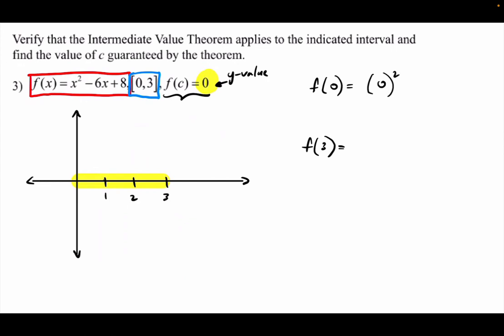0 squared minus 6 times 0 plus 8. 3 squared minus 6 times 3 plus 8. So the first one is going to be positive 8.